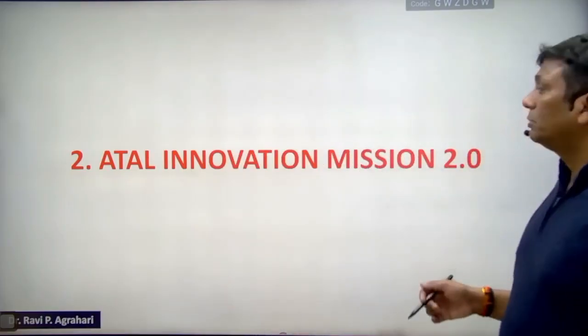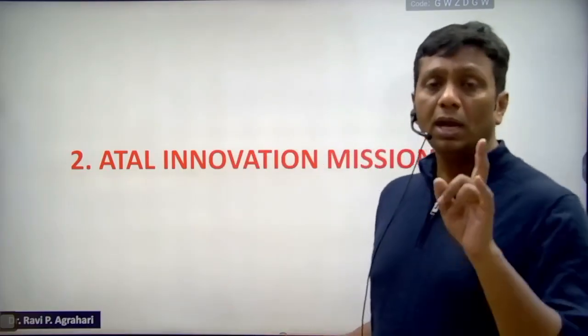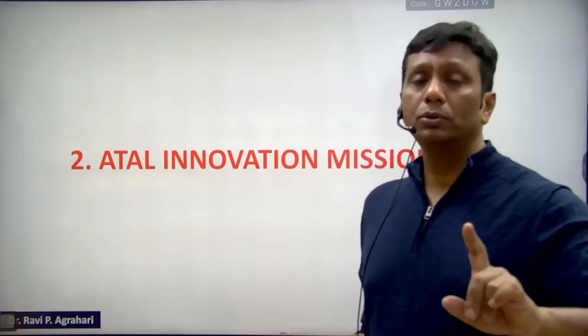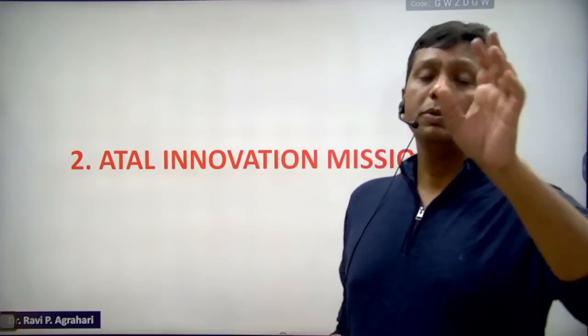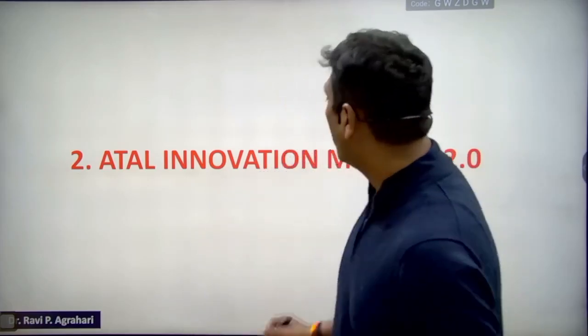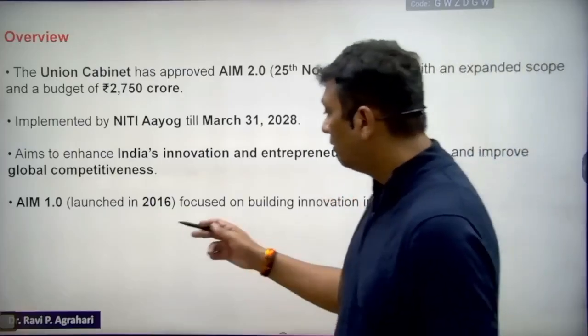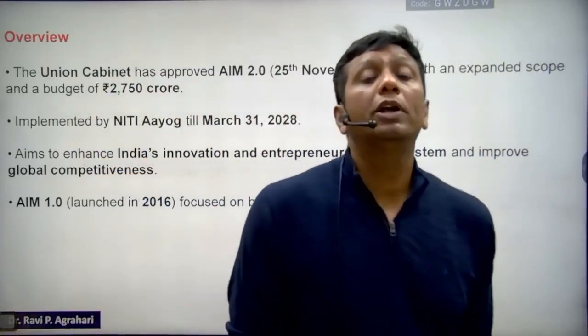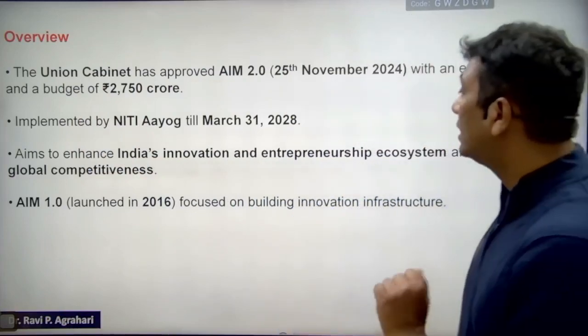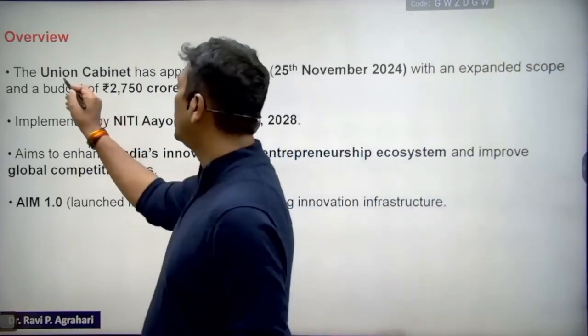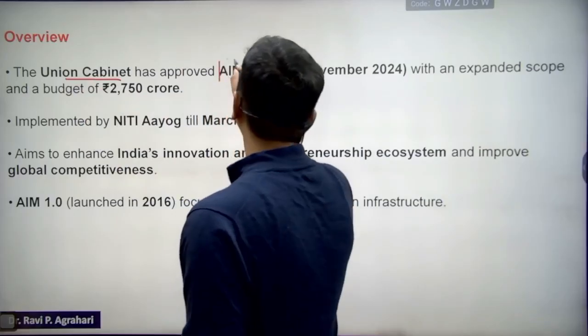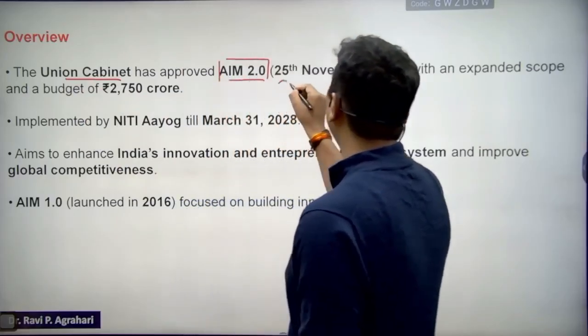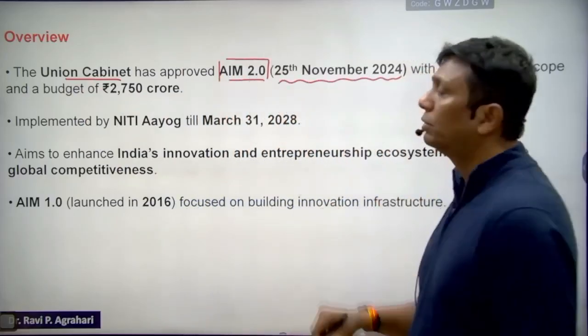So Atal Innovation Mission 2.0, but again I repeat, Atal Innovation Mission 1.0 was also asked by UPSC in your paper, and it was brought in 2016. First of all, see the overview of Atal Innovation Mission 2.0. The Union Cabinet approved Atal Innovation Mission 2.0 on 25th November 2024.